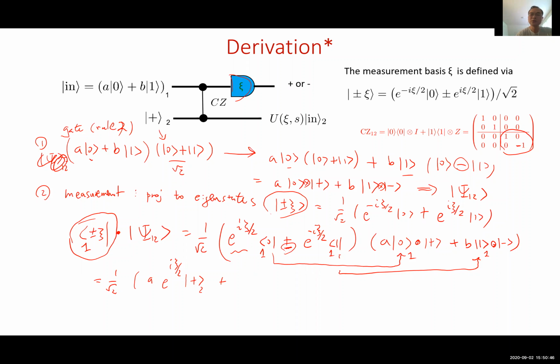The second term is from this one, 1 dot into 1, and there's a coefficient b. There's also a coefficient from here, and then there's a minus, this minus.